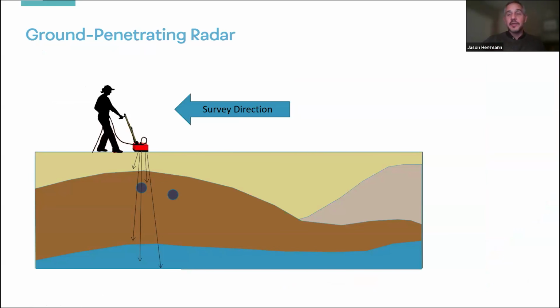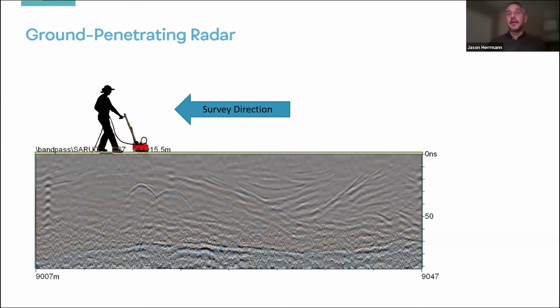As those radio waves encounter different textures, some parts of the energy are reflected back up to the receiver, other parts continue on down. And you might create a profile as you drag a radar sensor that looks something like this, showing the boundaries between different layers. Here's some boundaries on the top, and locations of some spot reflections as these kind of arcs.